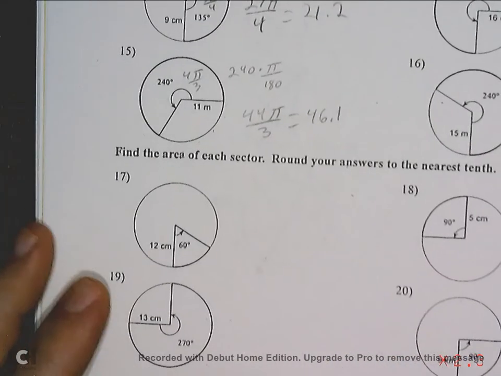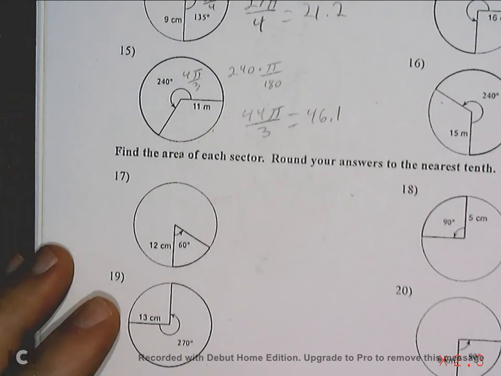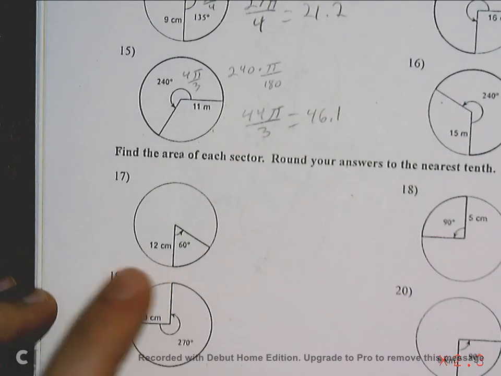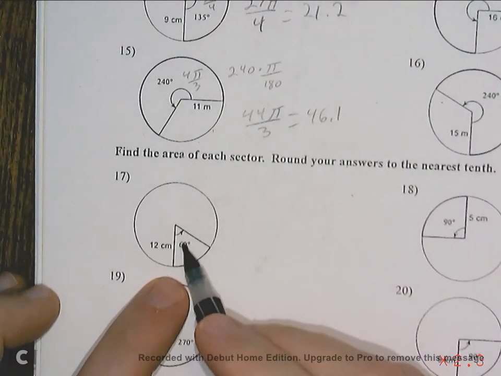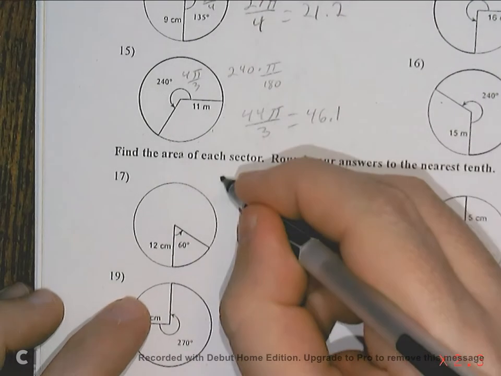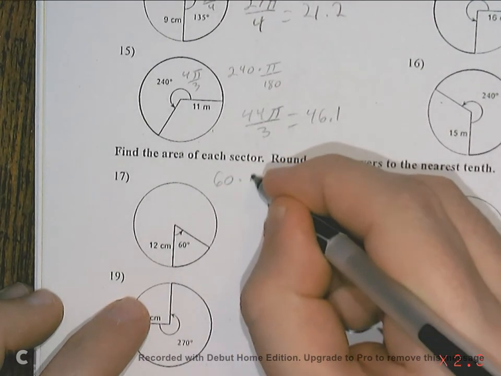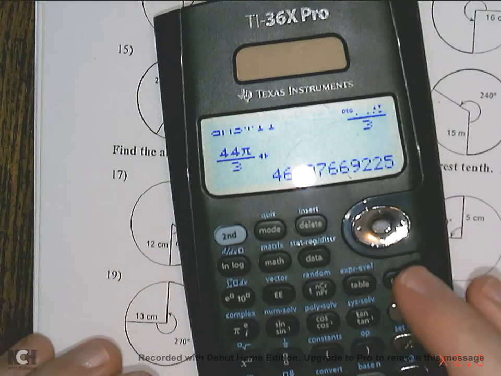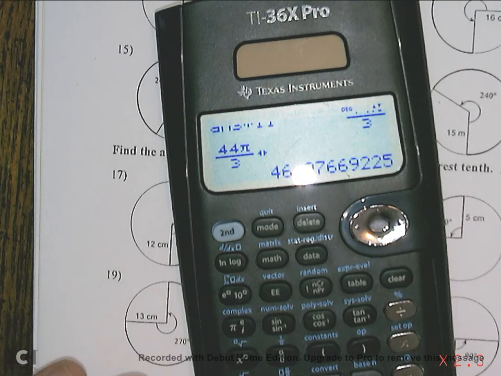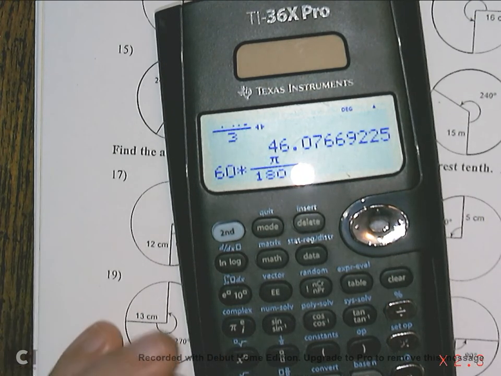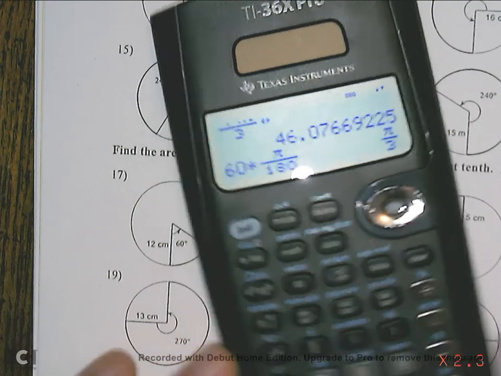So let's look at an example. So let's try doing number 17 here. So first thing I'm going to do is convert this 60 degrees into radians. So 60 times pi over 180 is pi over 3.